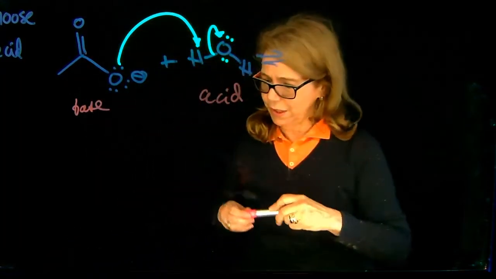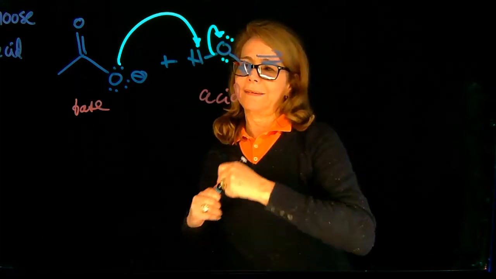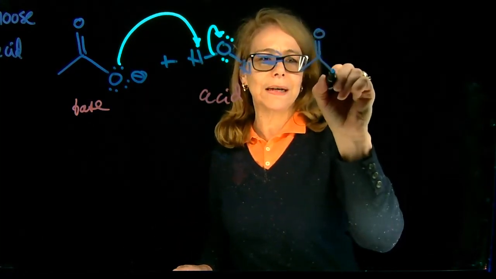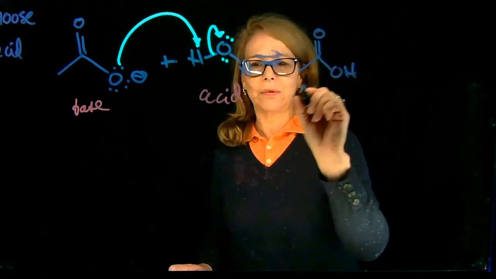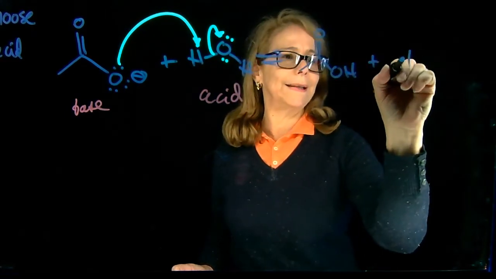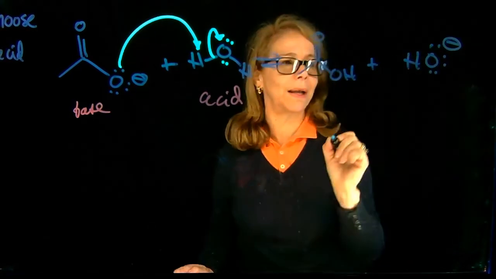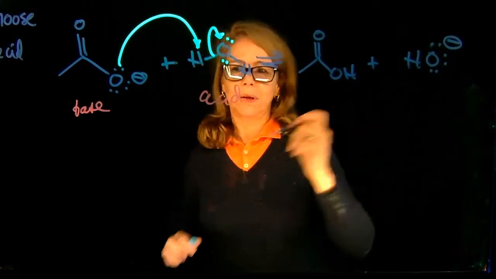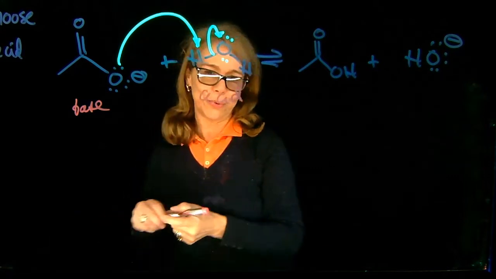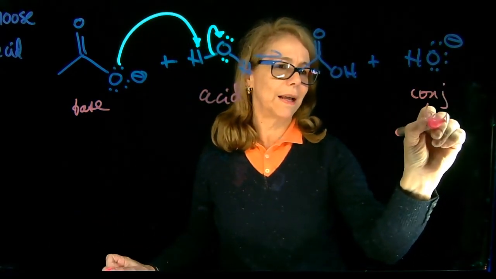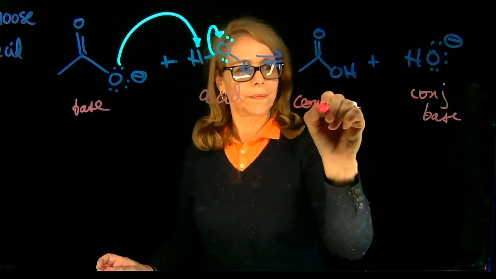As a result of the proton transfer, you're going to have acetic acid. So that is my conjugate acid, and hydroxide. Hydroxide is my conjugate base. Okay, so I'm going to draw those words here. So conjugate base, conjugate acid.